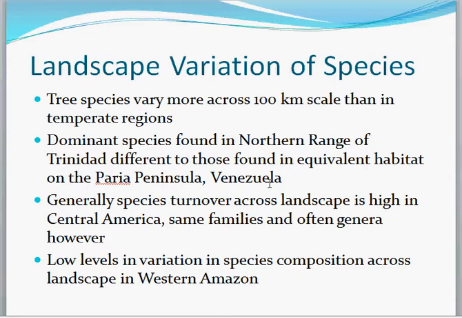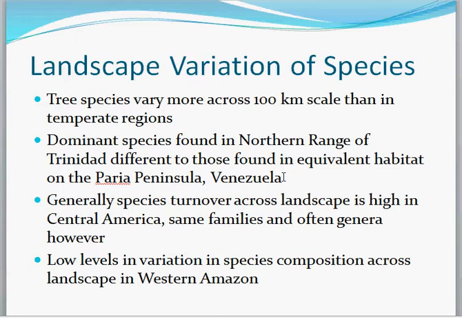There's a Guapa genus which is simply just not present in Trinidad, but it is one of the dominant genera in Venezuela. Some of the species like Mora in the Leguminosae, which is fairly common and dominant in the eastern part of the northern range, is completely absent from the Paria Peninsula.